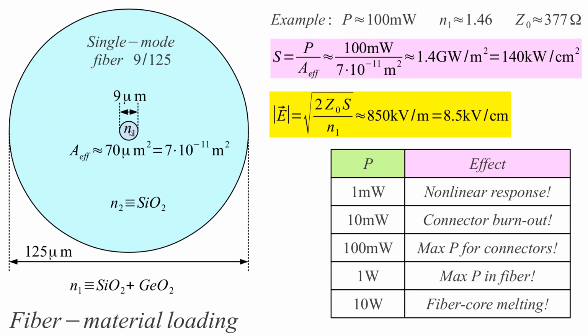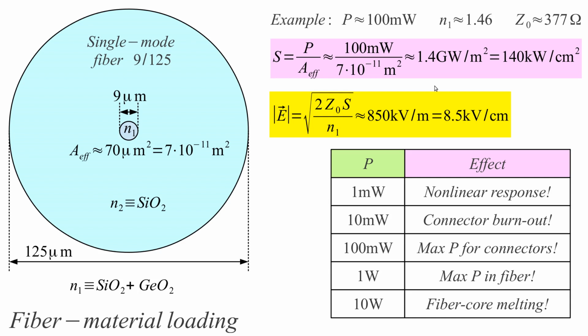And the power density in this core is extremely strong. For instance, if we start with 100 milliwatts, the power density is 1.4 gigawatts per square meter, or 140 kilowatts per square centimeter. So this is a very, very high power density. It's much higher than we have in electrical cables.